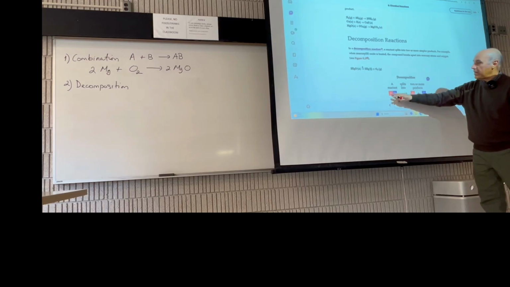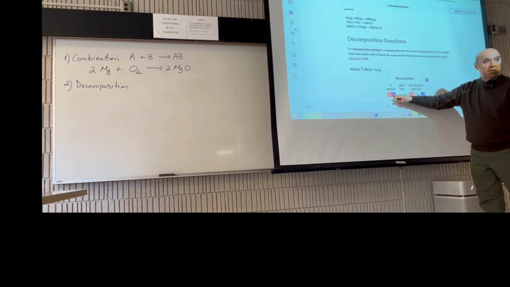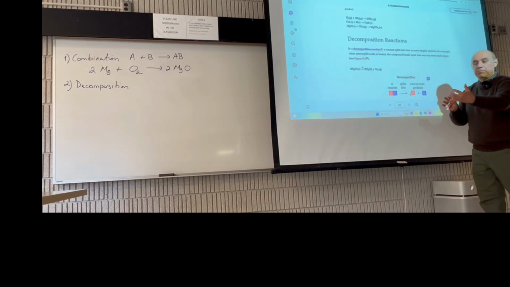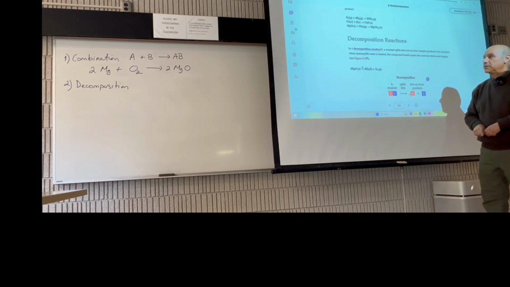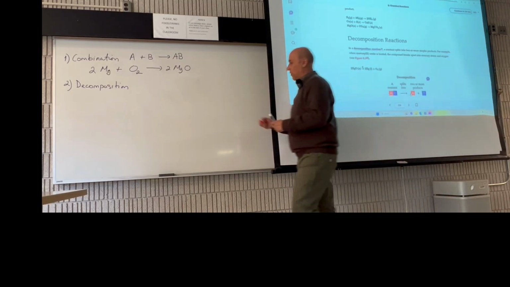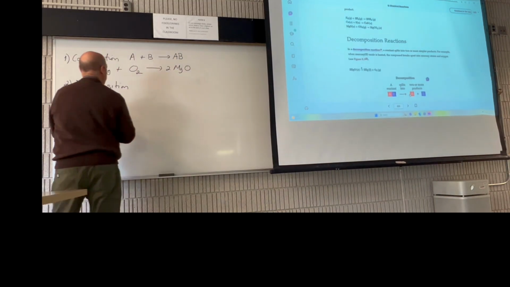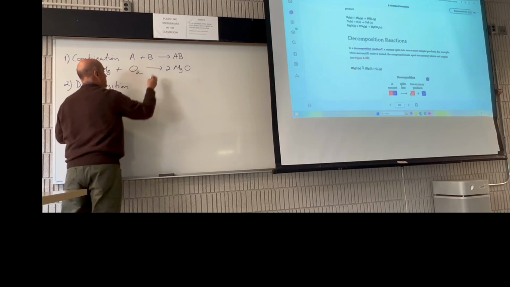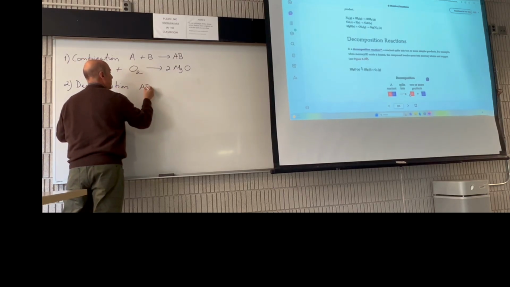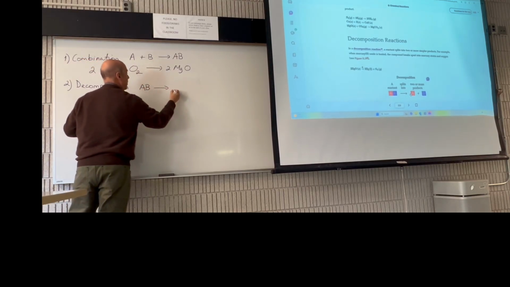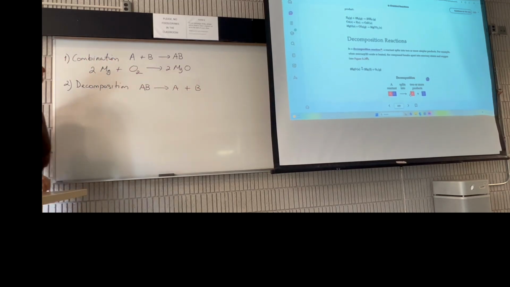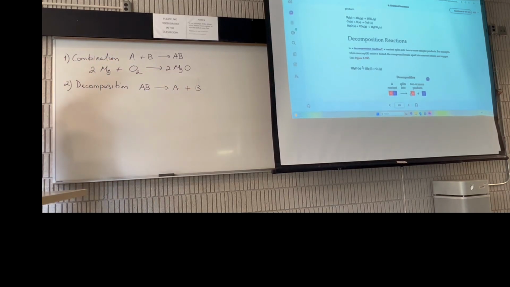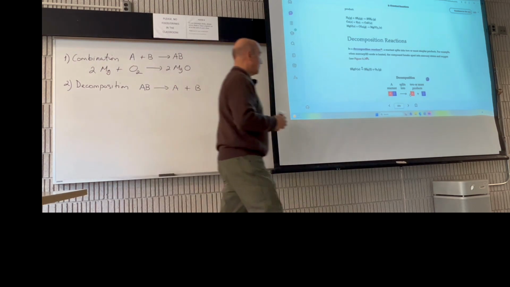Now you are breaking apart a bigger entity, a bigger molecule, into two smaller components, all three different from each other. So in the generic form, using these same symbols, you have AB separating into A plus B.